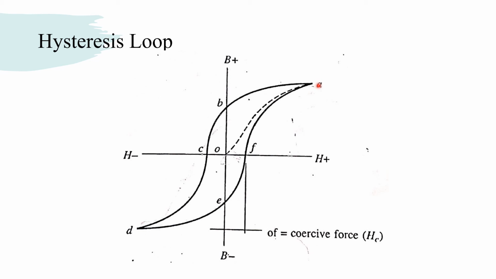When H is reduced to 0, it does not move in the same direction back to point O. It moves in this way and comes from point A to point B. So that's why point B is called the retentivity.